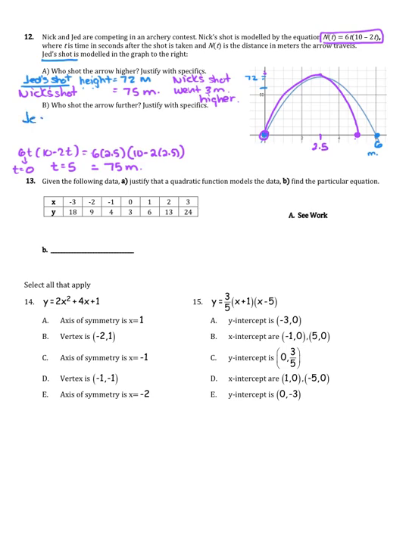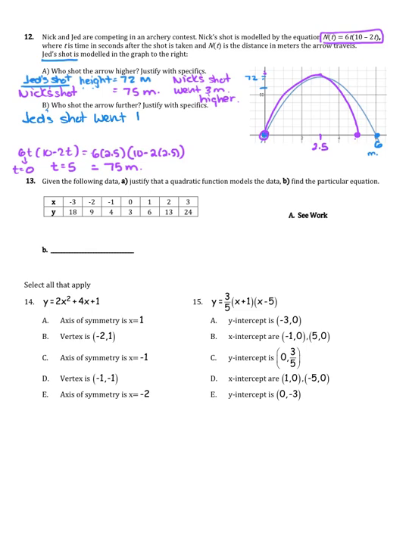Well, we can see that Jed's shot went 1 meter, as shown in the graph to the right.